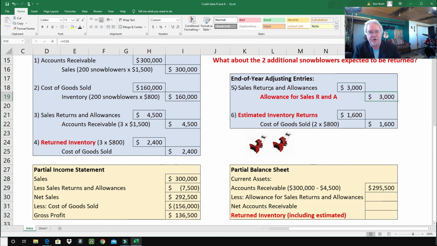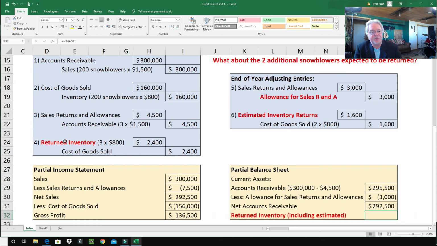Fred does not know who they are or when they'll be returned, but he just knows that they probably will be returned. And I have it listed as a negative $3,000 because that is a contra accounts receivable account. It helps value accounts receivable. So $295,500 minus $3,000 is $292,500.